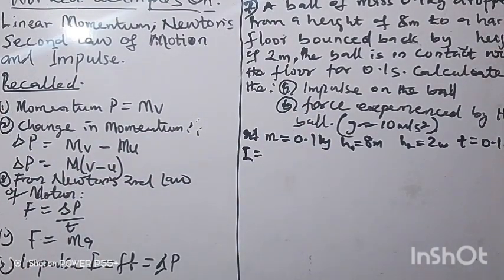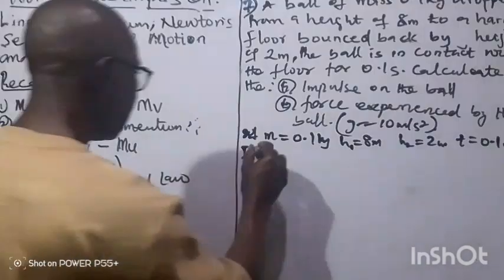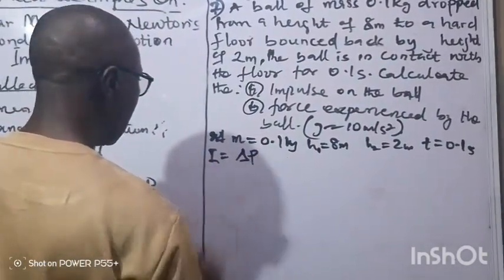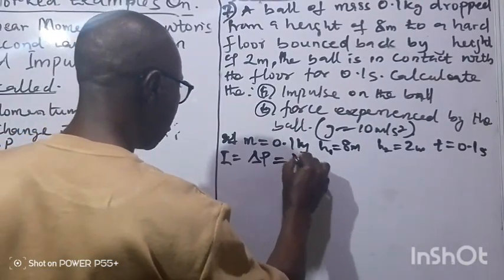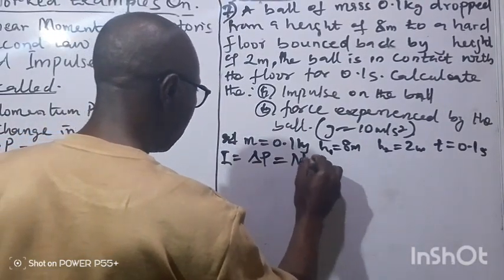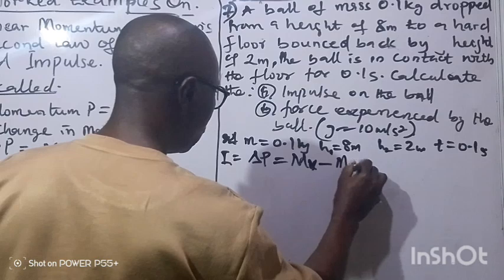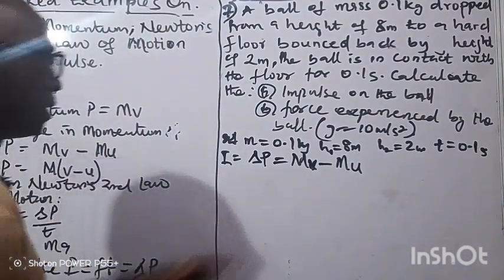Though the time is given, because we don't know the force, it is impossible to use I equal to Ft. So we can say I is equal to delta P. And don't forget our delta P is mv minus mu, that is the final momentum minus initial momentum.